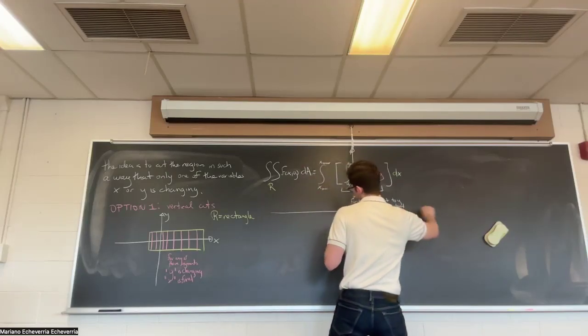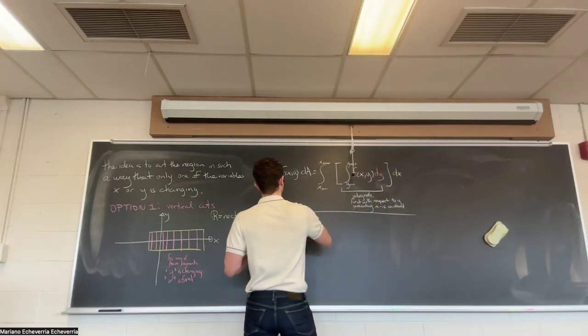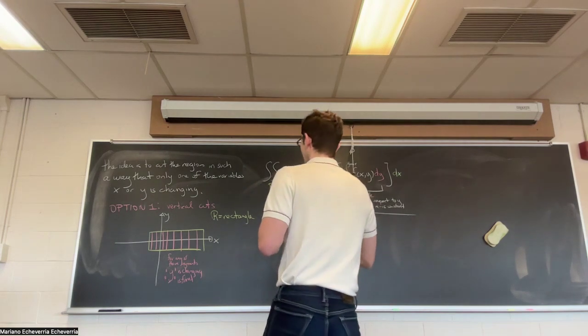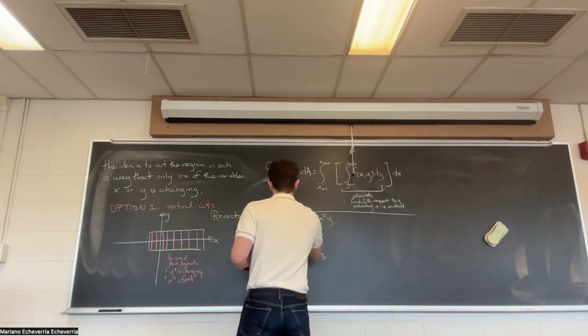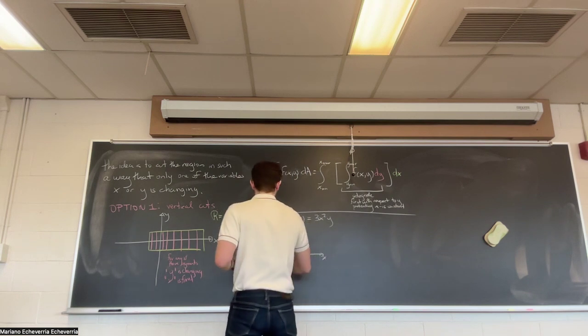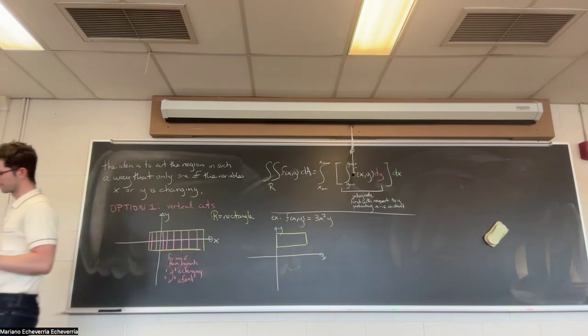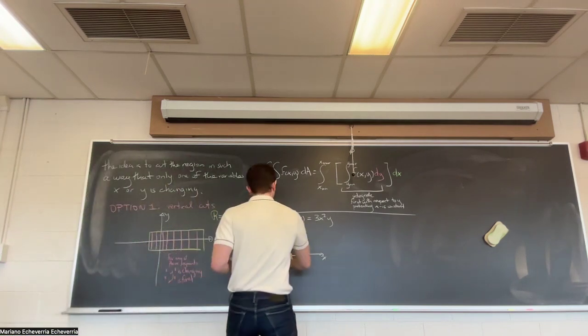So let's say that the function is just 3x squared y, to do something simple. And the rectangle, I'll choose a simple rectangle. I'll put it in here. So this is my rectangle.